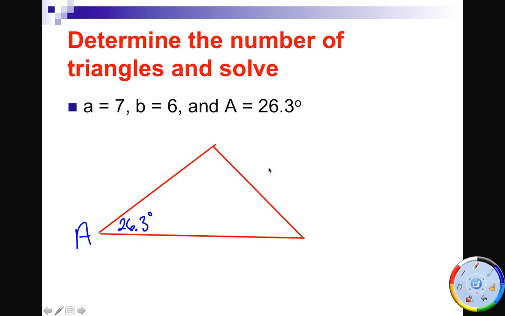The side opposite is 7, and the other side given is 6. So notice I drew this direction. So this is little b, that means this is big B, this is big C, little c. So the question now is, how many triangles are there? Now, just because I drew this triangle doesn't mean it's the only one there, and it doesn't even mean that this is a triangle that can be drawn. So I have to do some checking.